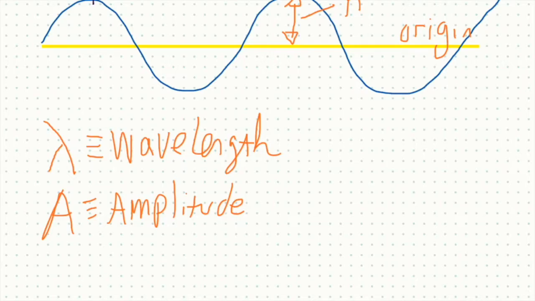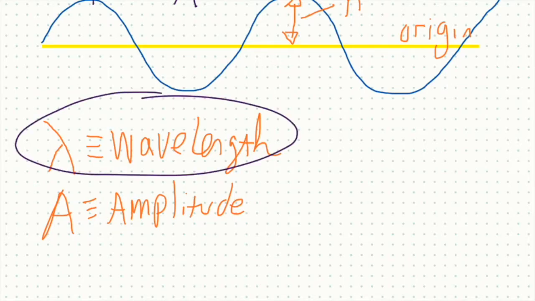And the distance between them is some value. If it's a water wave, it could be feet. It could be tens of feet. It could be even 100 feet or more. If it's a sound wave, it's much, much shorter, in the range of a meter or under. And if it's a light wave, it's much, much shorter, in the range of nanometers, billionths of meters. But waves have length, that's called the wavelength. Waves have height, and that's called the amplitude.